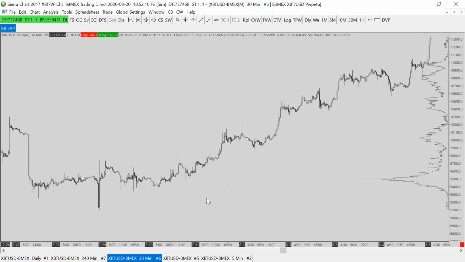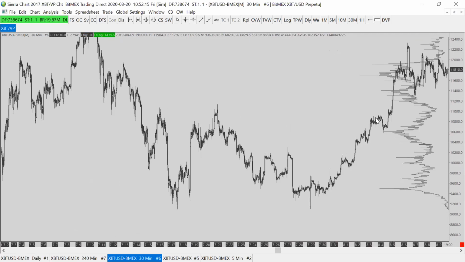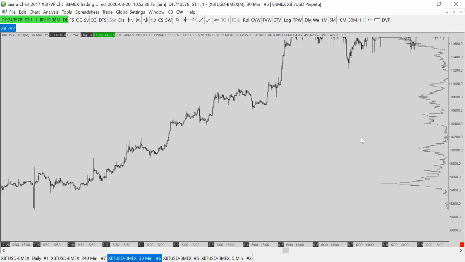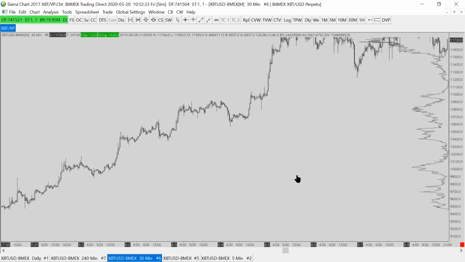So I've just got this run up here back at the top from 9.2 to around, and what I'll do is cover this whole move, marking out both HVNs and LVNs just to demonstrate how price tends to interact around these levels.